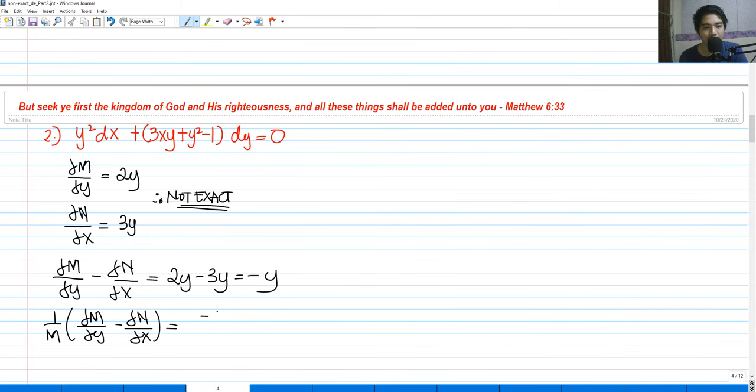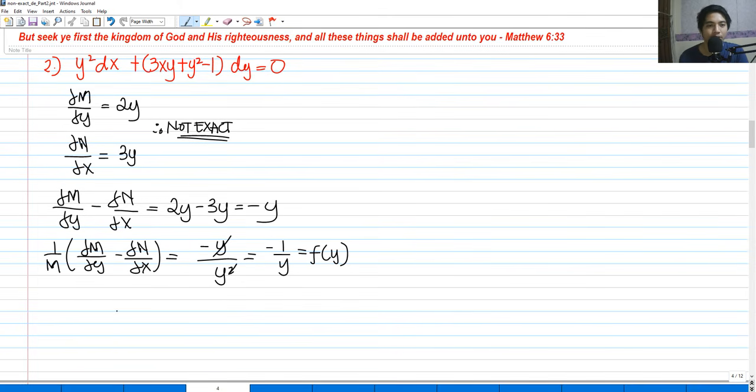So that would be negative y. This is multiplication with 1 over M, so that we have y squared. As you can see, this would cancel. So we have negative 1 all over y. And that is the value of our f of y. And remember, from our formula a while ago, that the integrating factor would be e raised to negative integral of f of y dy.